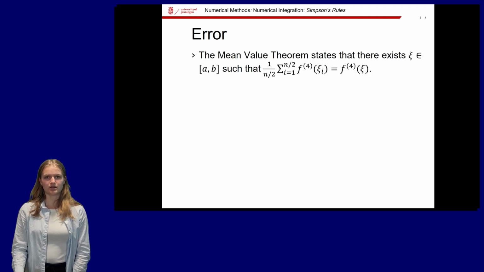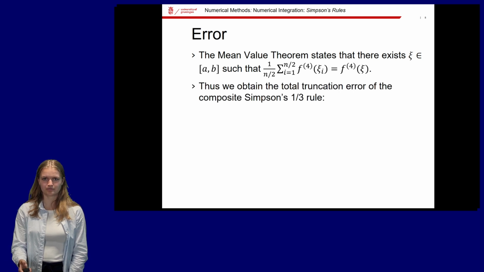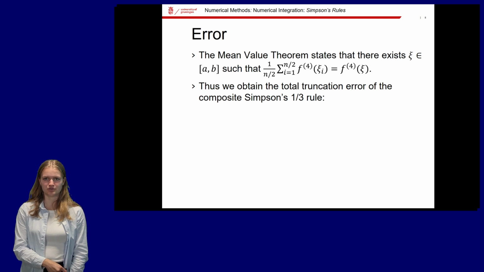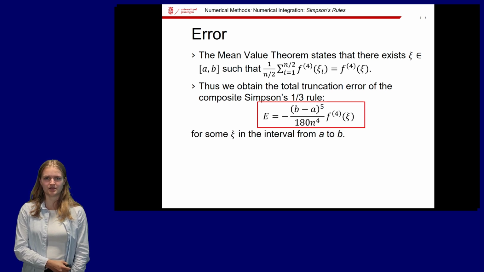And again we can apply the discrete mean value theorem, which states that there exists xi in this domain from a to b, such that this average is going to be equal to the fourth derivative of xi. And if we substitute that into the expression of our last slide, we obtain this error for some xi on this interval from a to b.